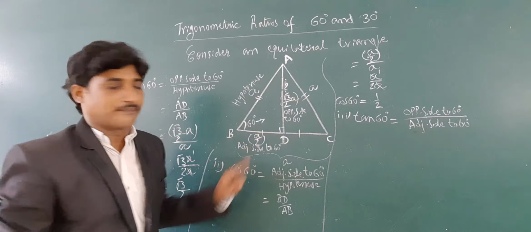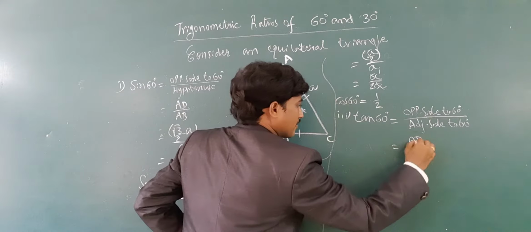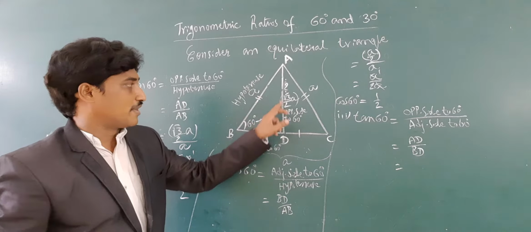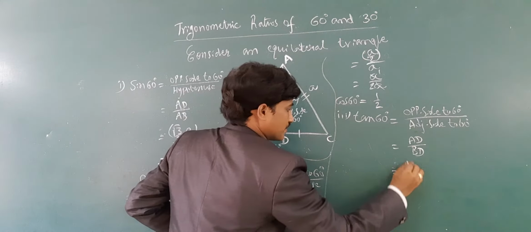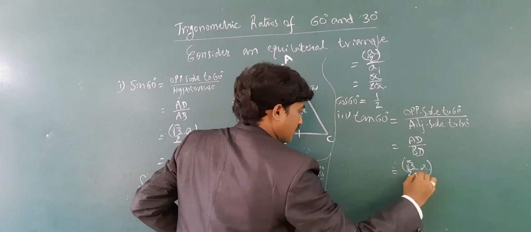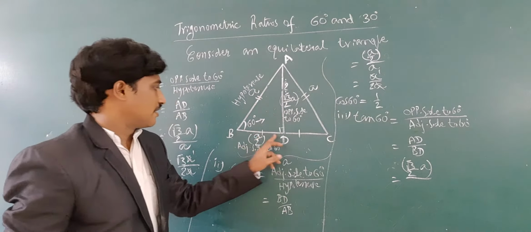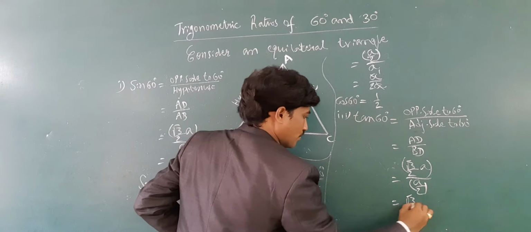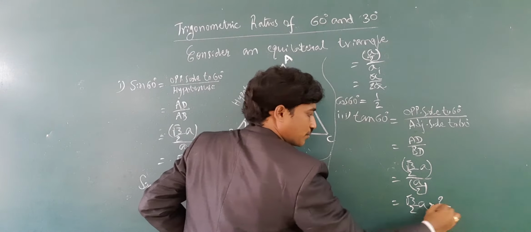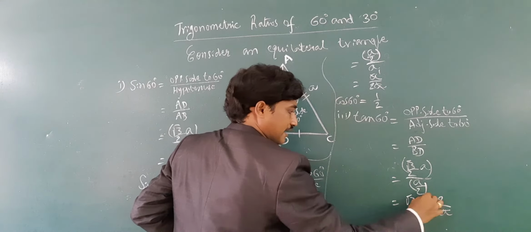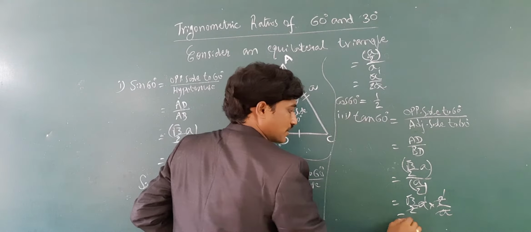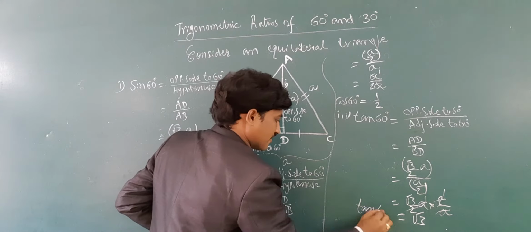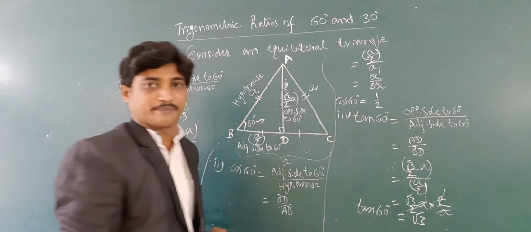AD by BD, that is root 3 by 2 A by A by 2, reciprocal 2 by A. A gets cancelled one time, 2 and 2 one time, so root 3. Tan 60 degrees value is root 3.